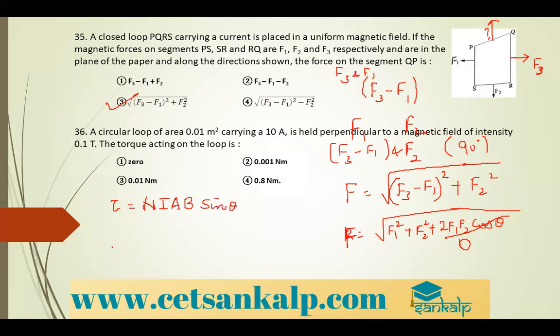So what is N? For a circular loop there is only one loop, so N is 1. What is the current? We have I as 10, into area 0.01, that is 1 into 10 to the power minus 2.